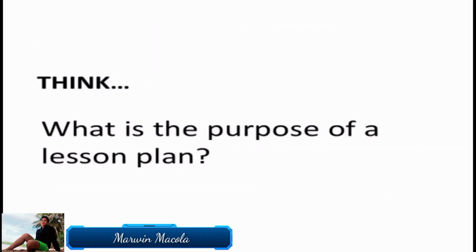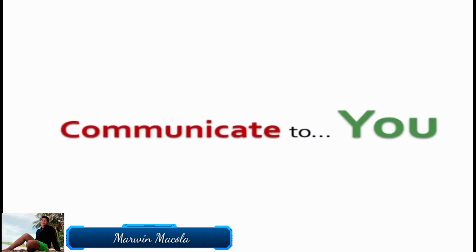Next, let's think about the purpose of a lesson plan. What is the purpose of a lesson plan, for the student or the educator? A lesson plan communicates to you, so that you can communicate with your students as an educator. Learning is the interaction of teacher and students.